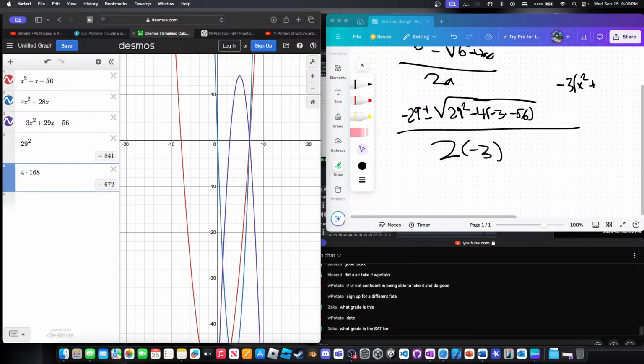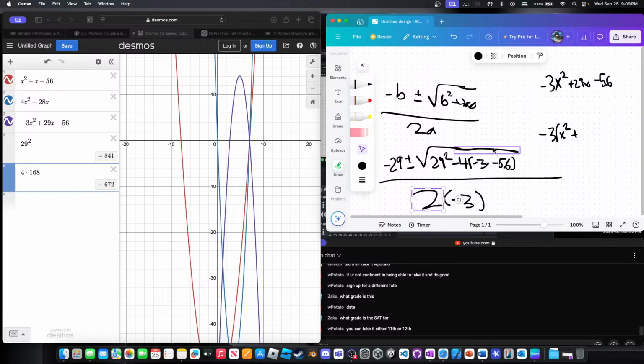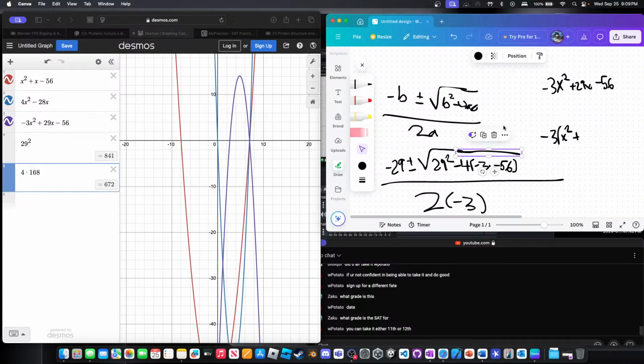AC, yeah, so negative 3. So it'll be negative 6, over negative 6. 11 and 12. AC, A, negative 3. Okay, cool.